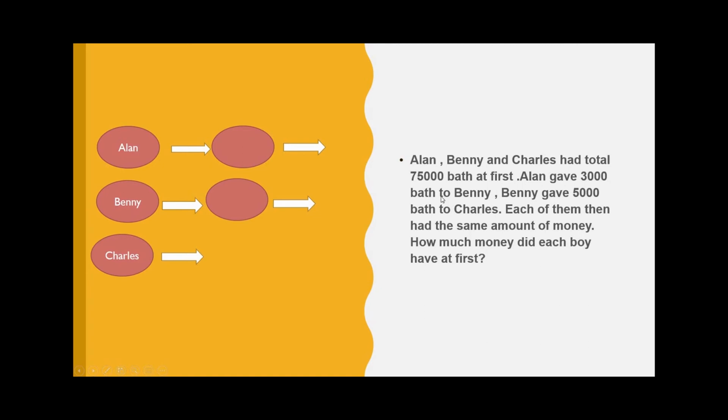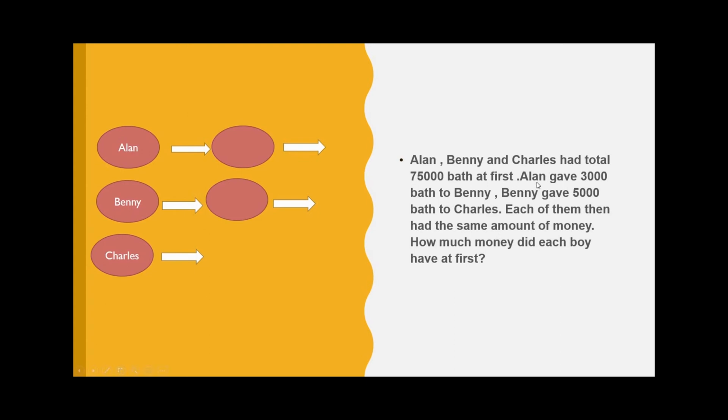Each of them then had the same amount of money. How much money did each boy have at first? Let's read the question again to fully understand it. Alan, Benny, and Charles had total 75,000 baht at first.